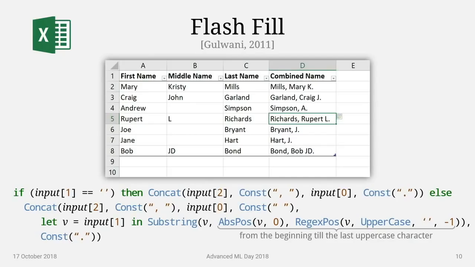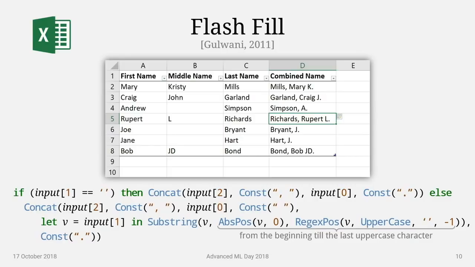The actual template that it generates behind the scenes looks somewhat like this. It's a program in a specific language of string-to-string transformations. So in this case, what you probably want is something like take the last name, add a comma, add a first name, add a space, then add a substring of the middle name starting from the first character and ending at the last uppercase character, and then add everything with a dot.